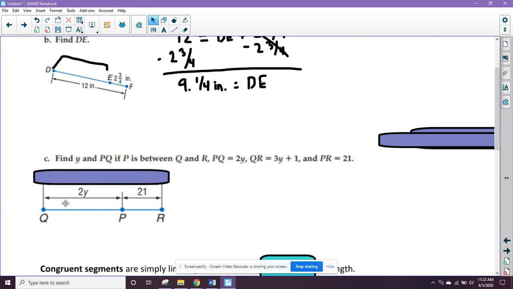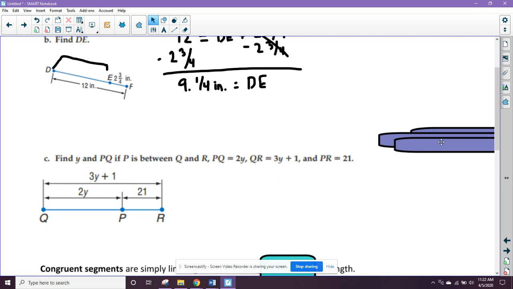So, QP, 2Y, PR, 21, and then the full length of QR, we said, was 3Y plus 1. So we need to visually see this problem before we can begin it. So, our question is telling us to find Y, and then find PQ. So PQ, we need to find this length here.